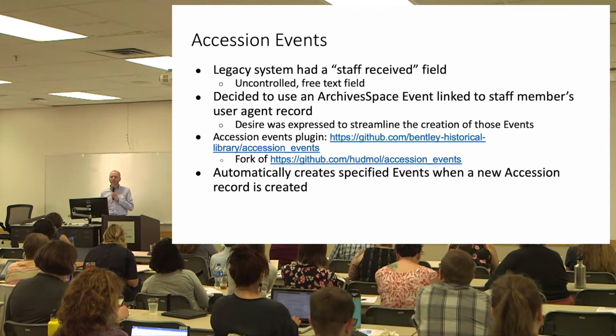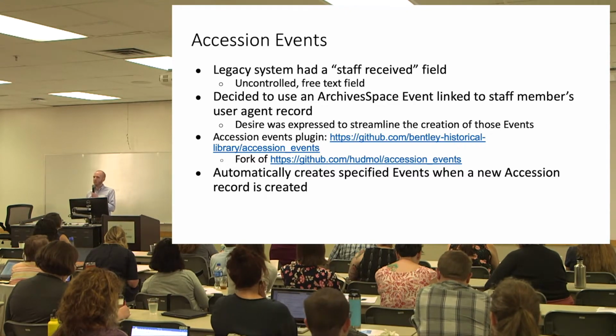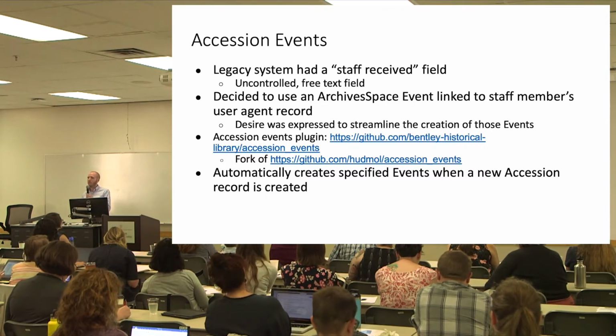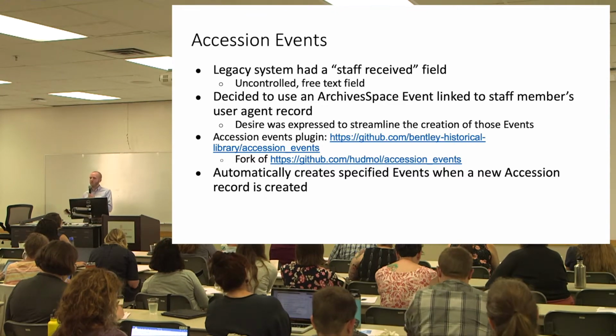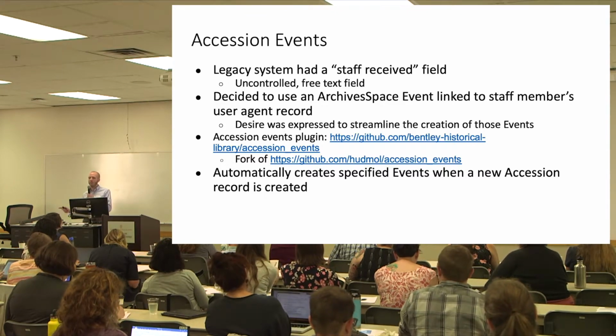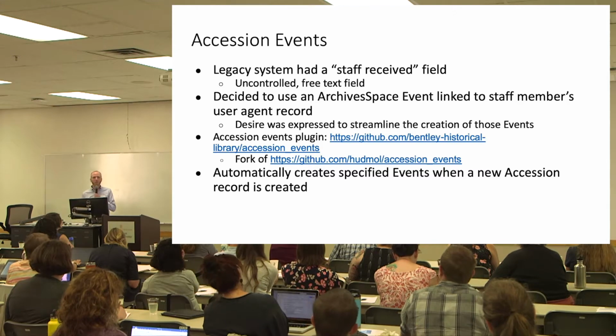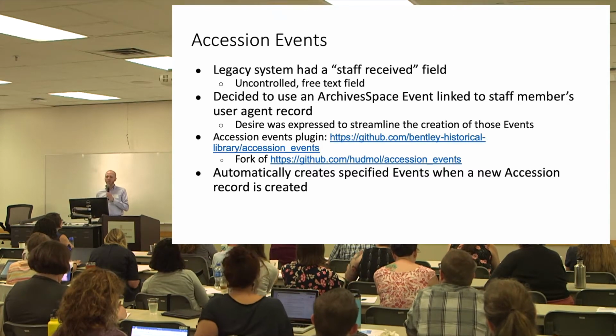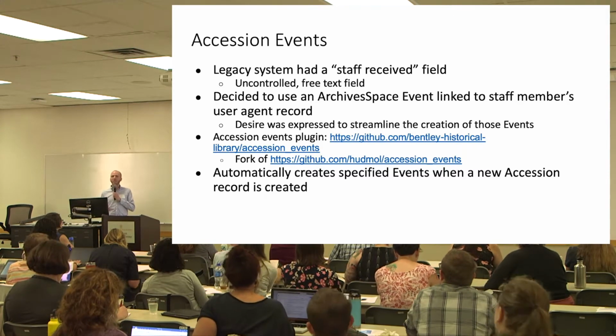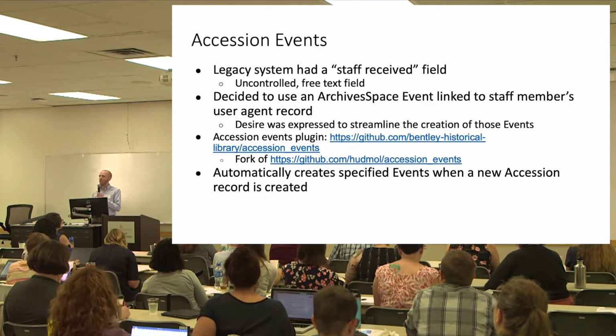And this is something where the functionality that we needed was actually supported out of the box by ArchivesSpace. We decided to use an ArchivesSpace event record linking to that field archivist's controlled agent name in ArchivesSpace. And when we started sharing this with people, they were on board with the idea, but they expressed a desire to make that a little bit easier.